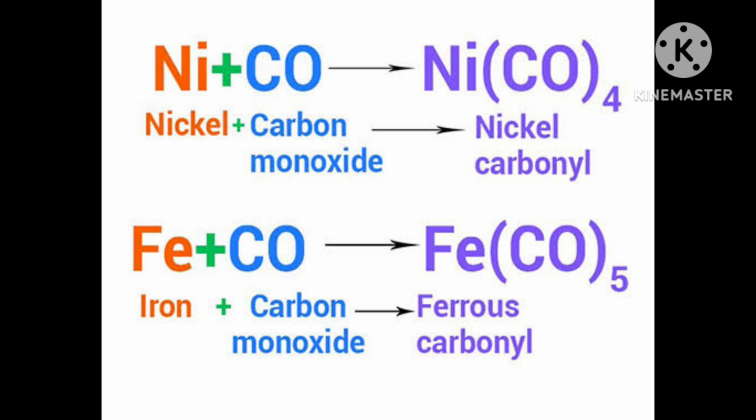SiO2 plus 2NaOH gives sodium silicate, Na2SiO3, plus H2O. Another example: SiO2 plus 4HF, hydrogen fluoride, forms SiF4, silicon tetrafluoride, plus 2H2O.